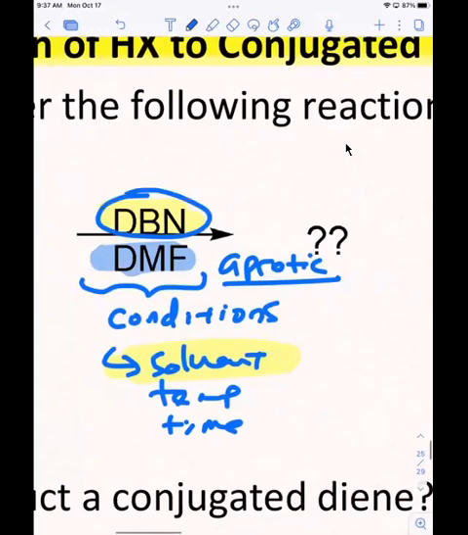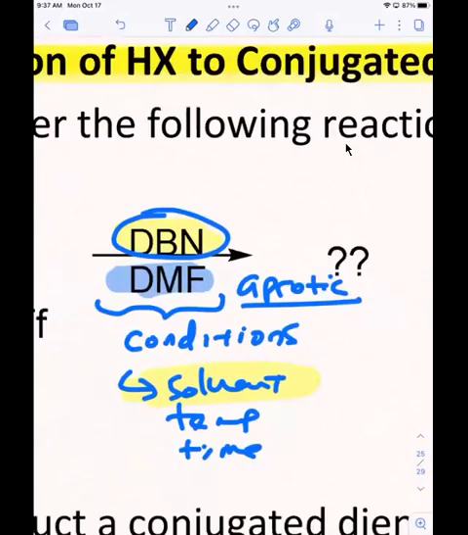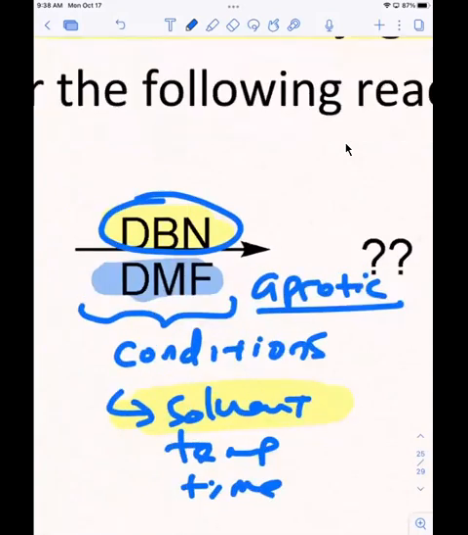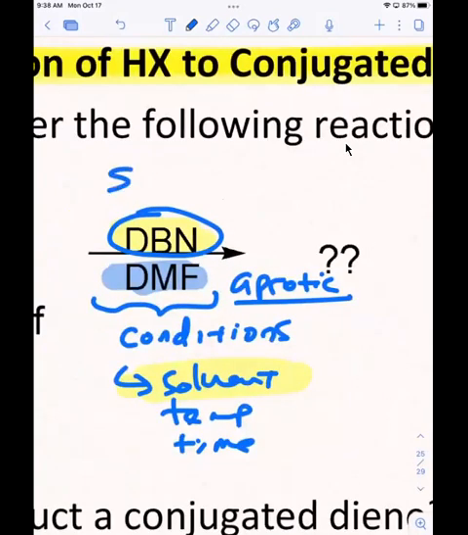And then DBN, right? If you watch the two elimination videos that I sent, one of them discussed the different bases that are used for E2 elimination. So DBN is a very strong base.